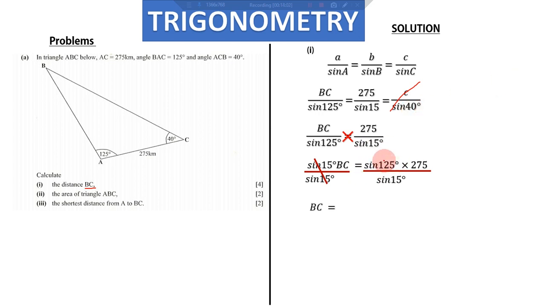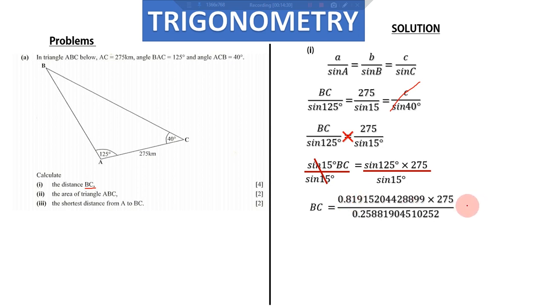Don't do shortcuts, it's a 4-mark question. Expand what is sine 125, you have that value there, and then expand what is sine 15, you have that value down there. Preferably, you can write these to 5 decimal places before your final answer. It's okay, you can find the same answer with at least 5 decimal places, not 2, but 5. In case you are feeling lazy to write it, but it's more accurate when you write everything.